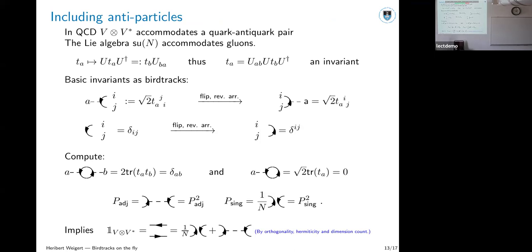Now, let's look at SU(N) again and introduce Birdtracks for objects that appear in SU(N). I've talked before about the generators, and here I've left the i's off because they are mostly not shown.